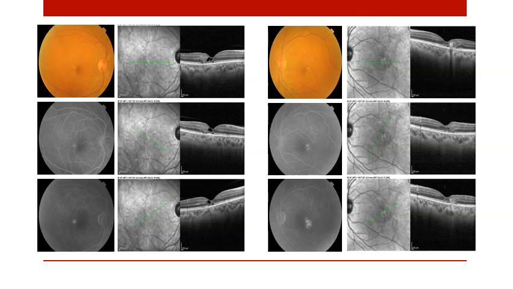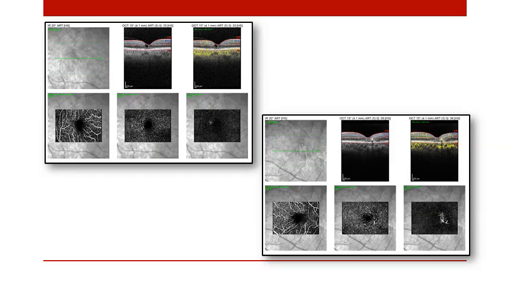OCT shows a typical appearance of type 2 telangiectasia with cystic changes in the fovea and atrophic changes, irregularities in the temporal foveal architecture. In the left eye, additionally, a hyperreflective tissue can be seen in the temporal area of the fovea.